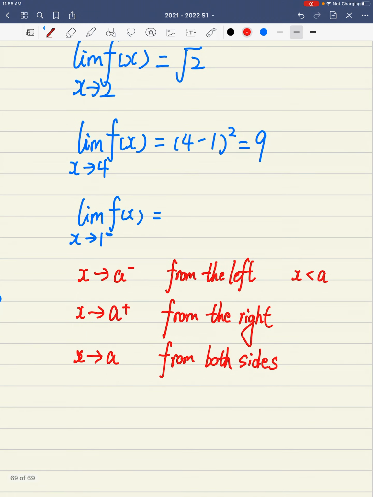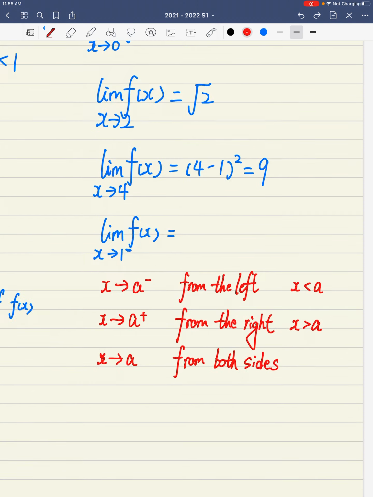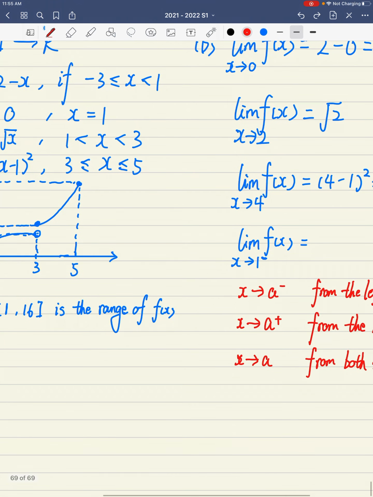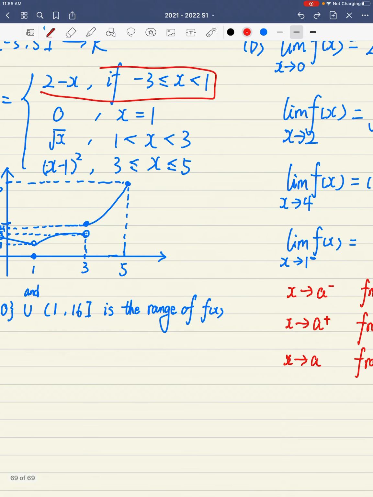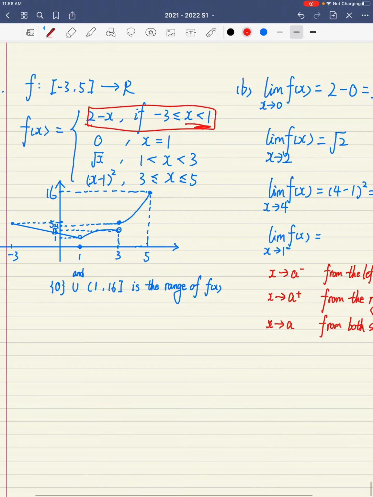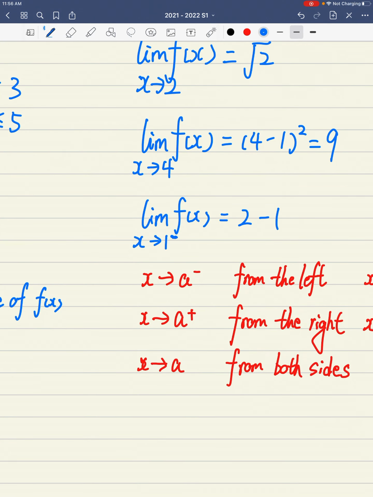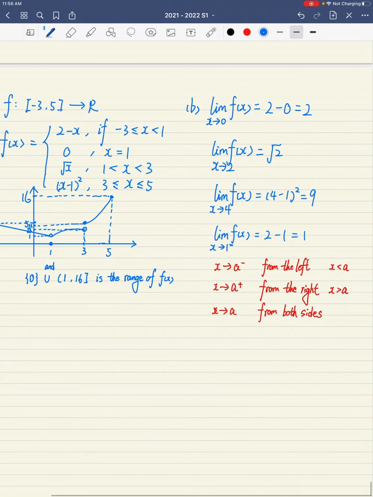When x is approaching a from the right, that means your x is always slightly greater than the number. So when x is slightly smaller than 1, that means you need to use this function. So it's just 2 minus 1, which is 1.